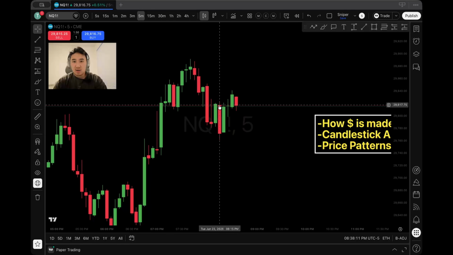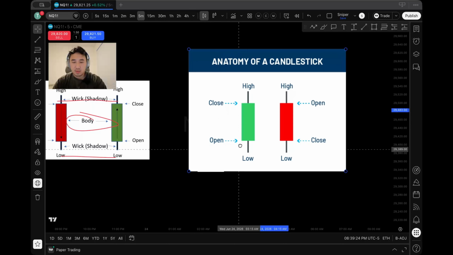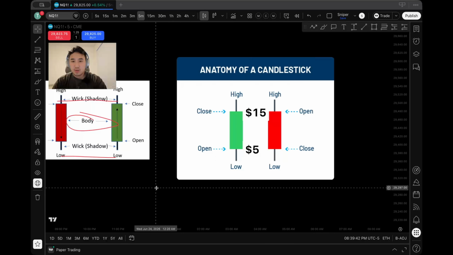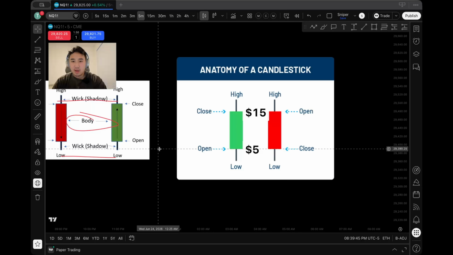At 8 o'clock, the price opened at, let's just say, $5, and then at the end of that 5 minutes, the price closed at whatever price, let's just say $15. So it's considered a bullish candle just because the price opened at a lower amount at $5, and then at the end of the 5 minutes it closed at $15.